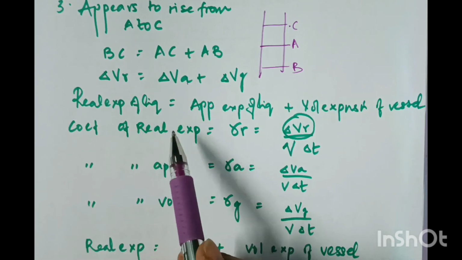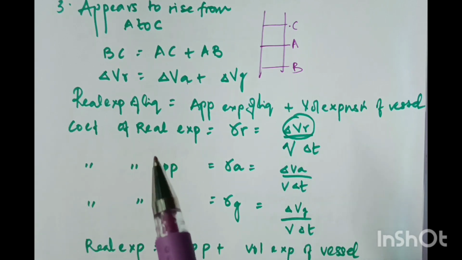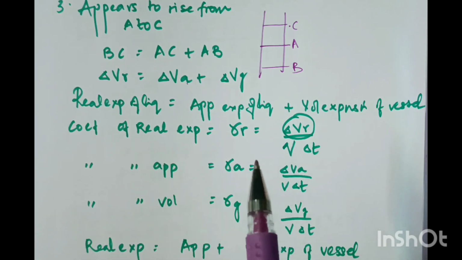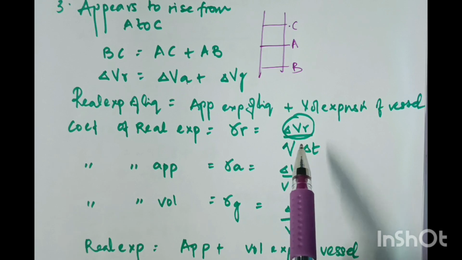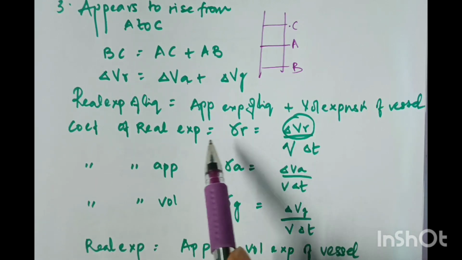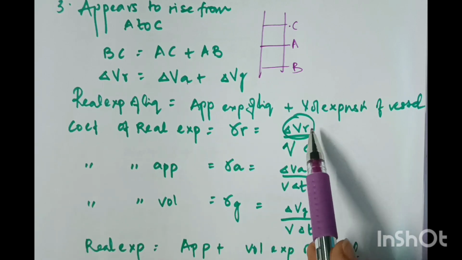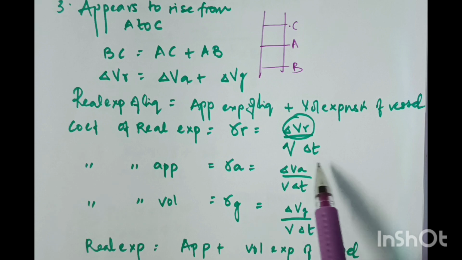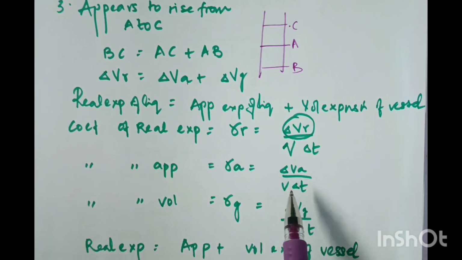You remember the general equation delta L equals L alpha delta T. Similarly, delta V equals V gamma delta T. From that we can write gamma equals delta V by V delta T. So what is gamma R? That is the coefficient of real expansion, equal to delta V real by V into delta T. Similarly, the coefficient of apparent expansion is gamma A, equal to delta V A by V delta T.